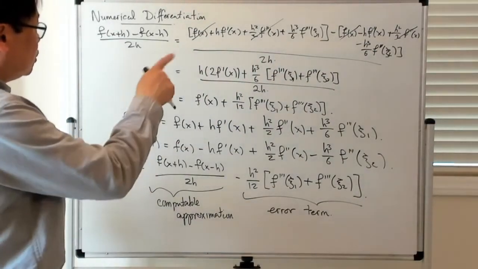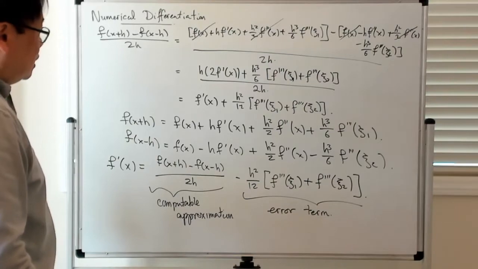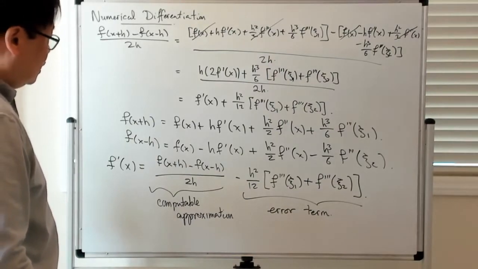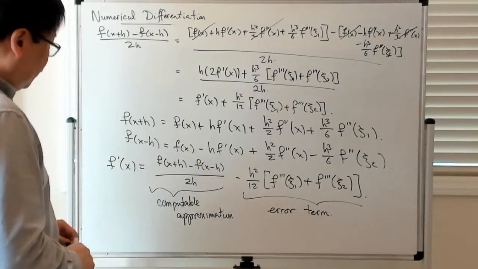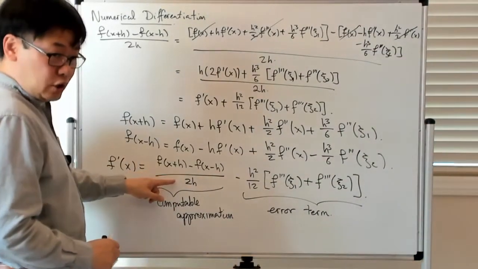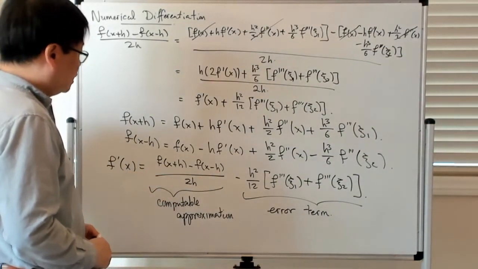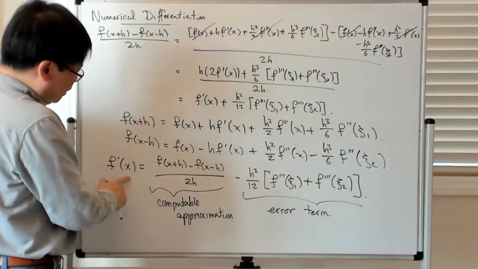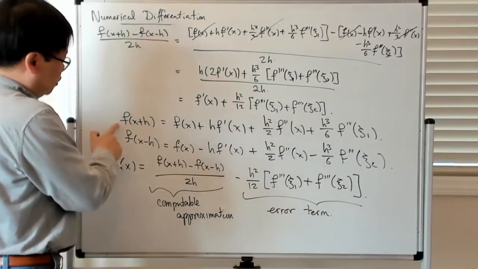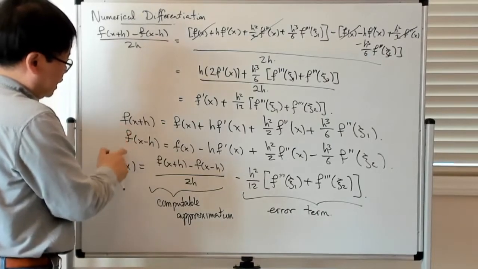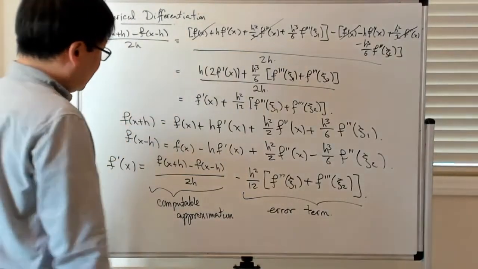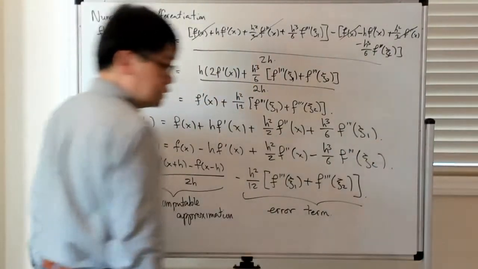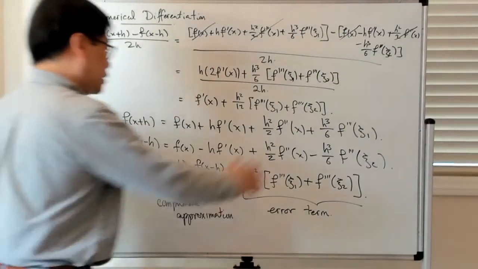This is also a way to think about how to actually construct these approximations. So if you wanted to construct an approximation of f prime of x, for example, and you know that you want to use f of x plus h and f of x minus h, then you can do these Taylor expansions with remainder terms.